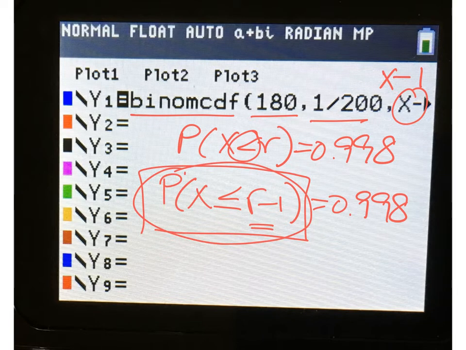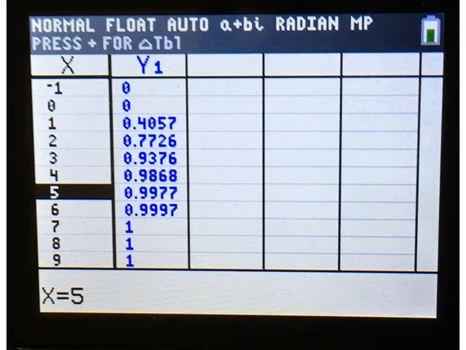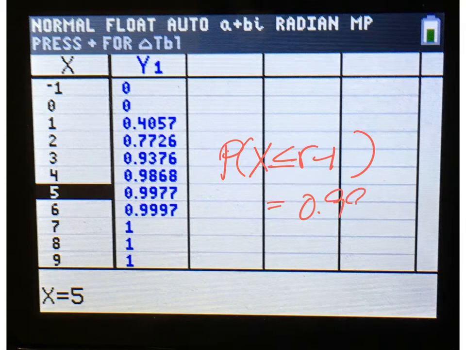minus 1. So now we can actually use the table to generate the set of values of r that corresponds to the Y1 equation. Let us rewrite again. We are looking at probability of X less than or equal to r minus 1 equals 0.998. There are two columns here.